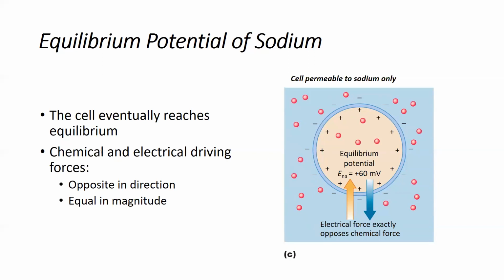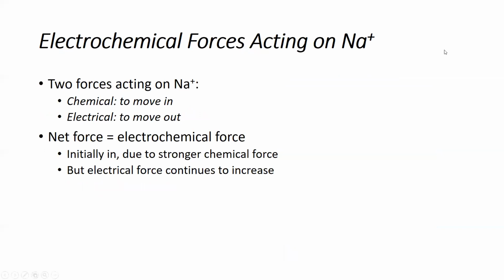So this is how sodium reaches its equilibrium potential. Okay? And again, this is a hypothetical situation where we're looking at the specific equilibrium potentials of sodium and potassium. And this is going to help us understand how these two ions influence the membrane potential, or the resting membrane potential.